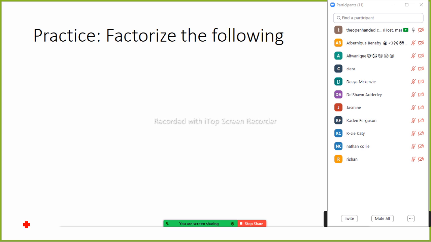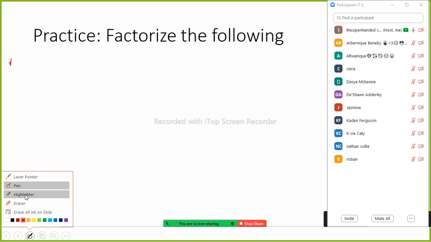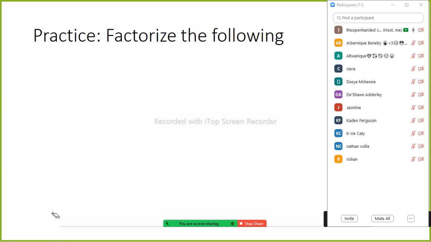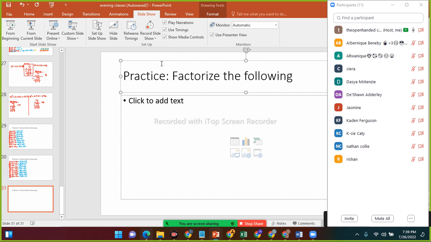Let's start off easy. Let me make sure we have enough space. I can move this up to give us more space.